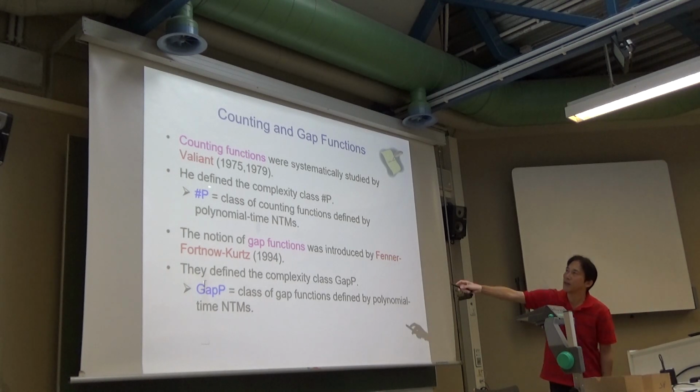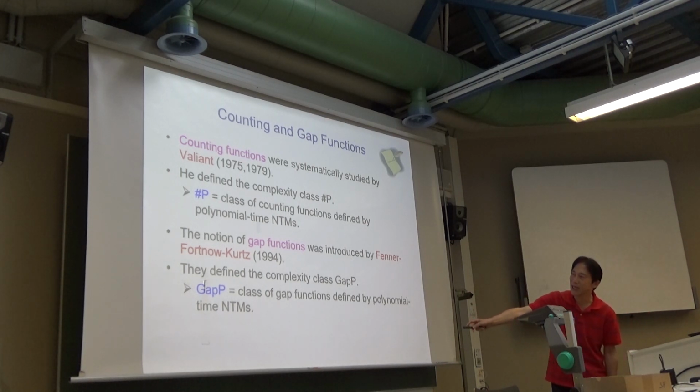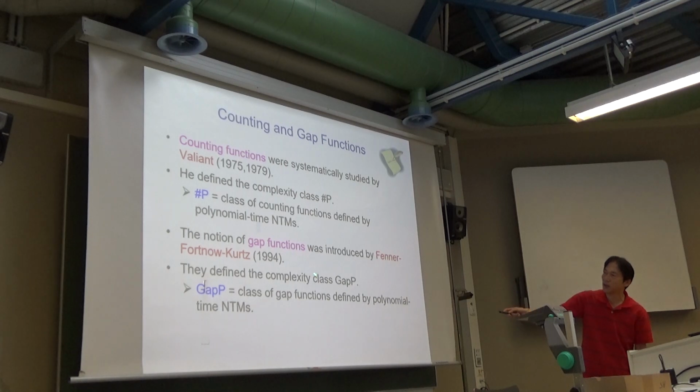They introduced the complexity class called #P, the class of the counting functions, and GapP, the class of the gap functions. As the name says, this is a counting version, and this one is actually computing the gap.